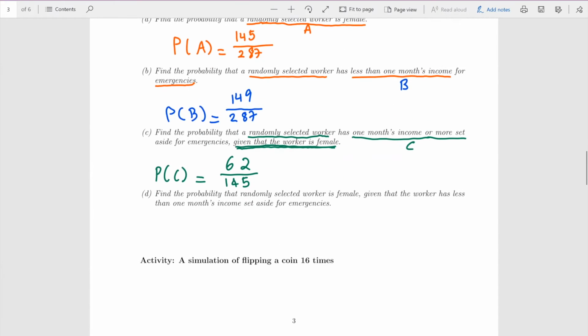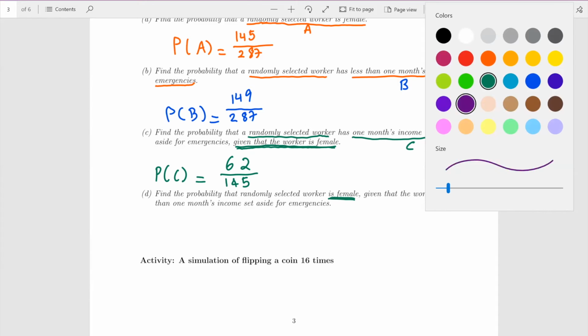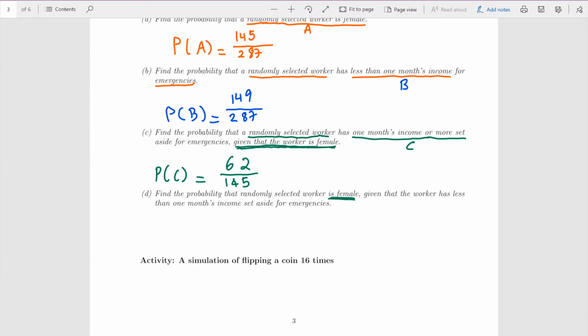Okay. So the last one, find the probability that a randomly selected worker is female, given the worker has less than 1 month's income.